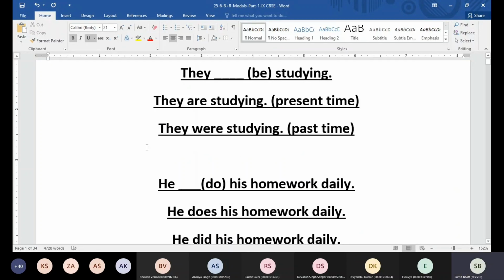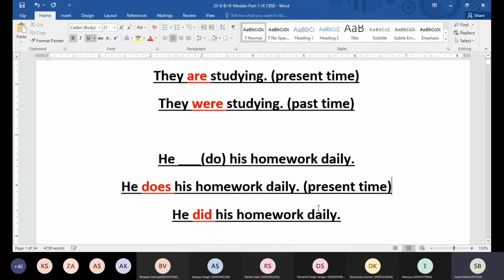When I say "he does his homework daily," which time am I representing, present time or past time? Present time. And if you say "he did his homework daily" in the past, which time am I representing? Past time. The verb is do only, but do does not mean do only. Do means do, does, or did. Do and does are for present time. Did is for the past time.